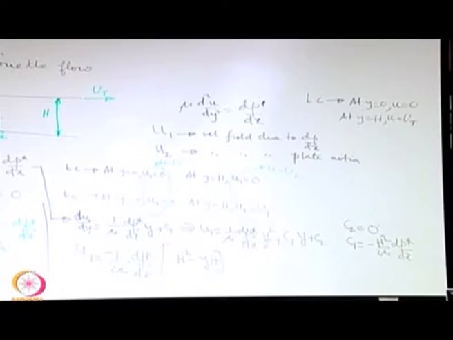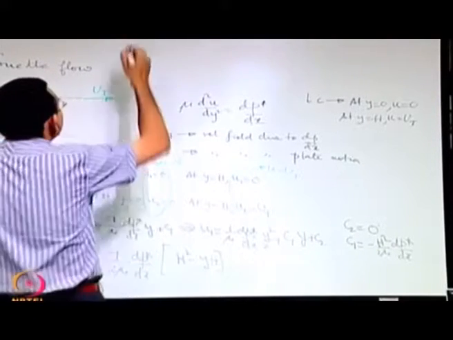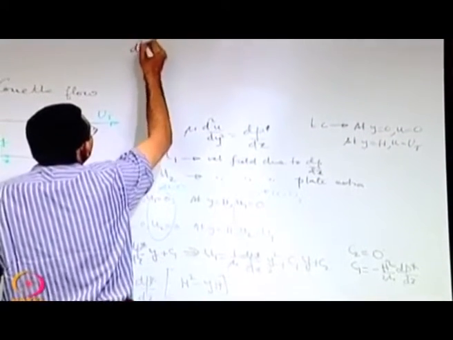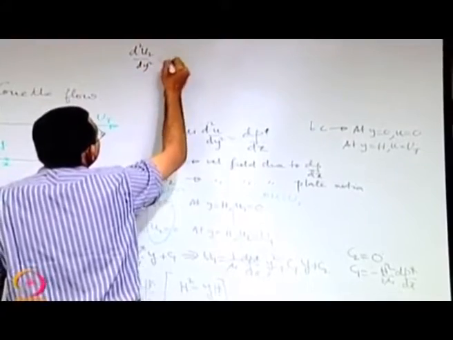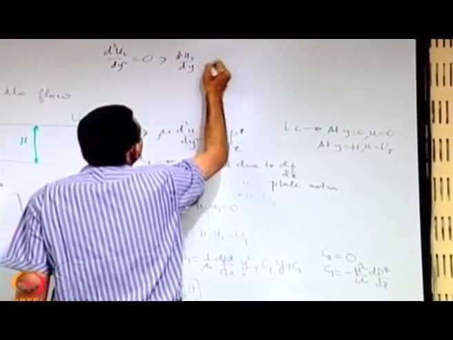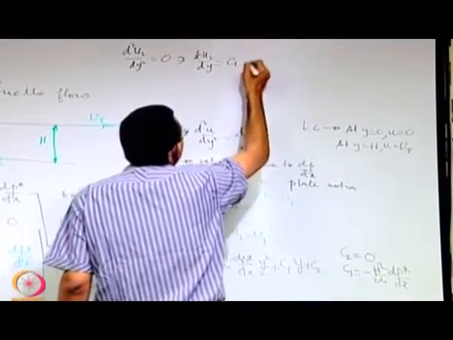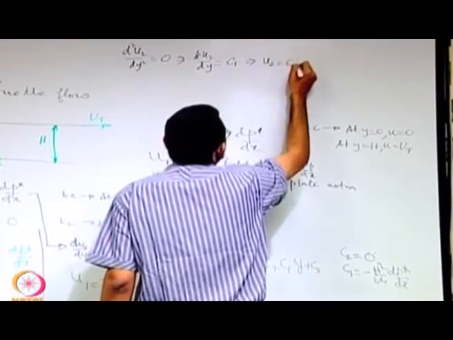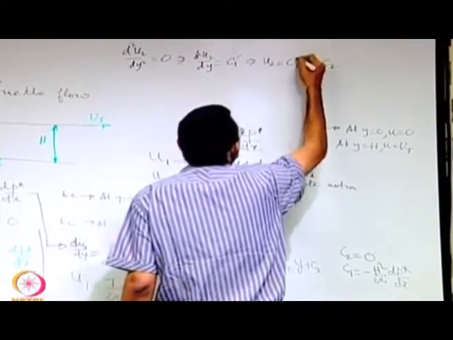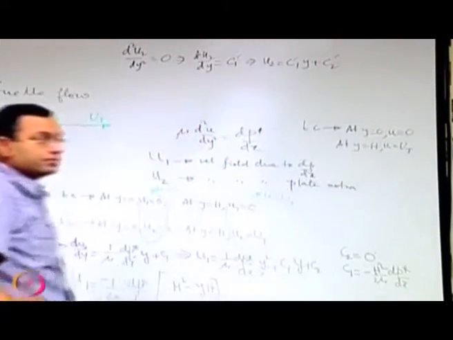For u2, it is even simpler. So, d2u2/dy2 equal to 0, which means du2/dy is C1 and u2 is C1y plus C2, maybe say C1 prime and C2 prime.